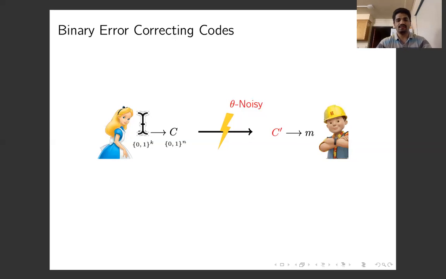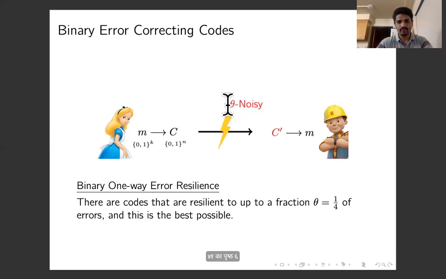Overall, the task of sending a message M over a noisy channel is the same as the task of finding an error correcting code C that allows decoding even after a theta fraction of its coordinates have been corrupted. So naturally, as the fraction theta of corruptions becomes larger and larger, the task of constructing error correcting codes becomes harder and harder.